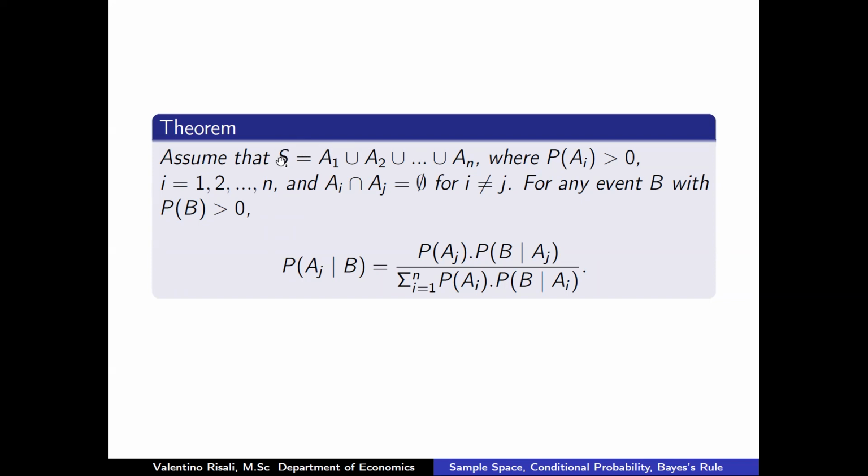If A1 until An is a partition, for every event B, we get this formula: the probability of Aj given B is equal to this. This summation is actually P(B).